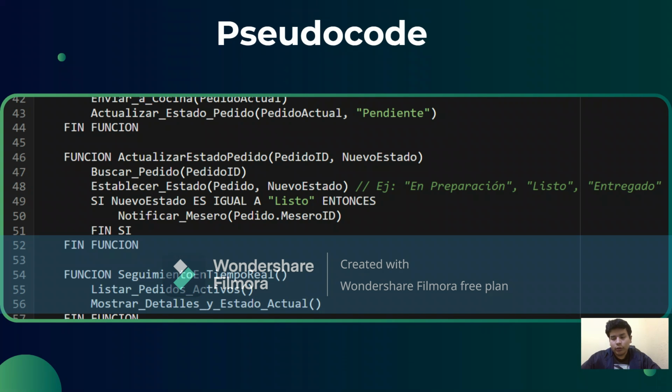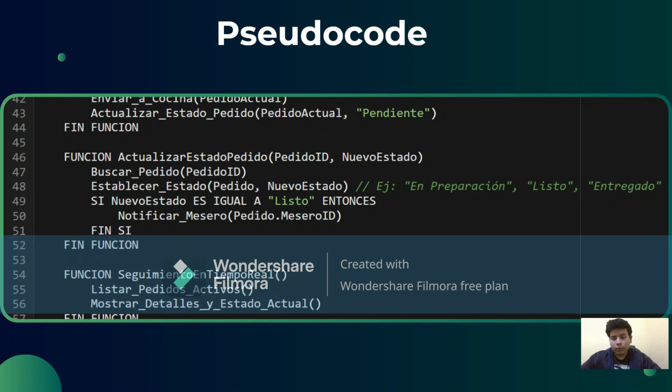Once the waiter confirms the order, the next step is send order to kitchen. Immediately we update the status of the order to pending.